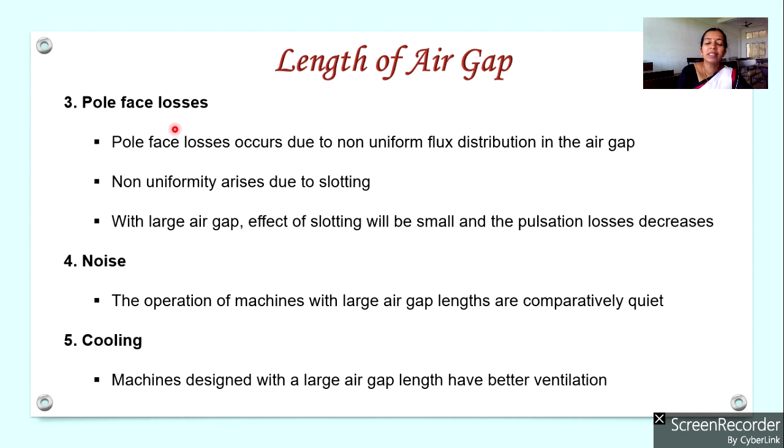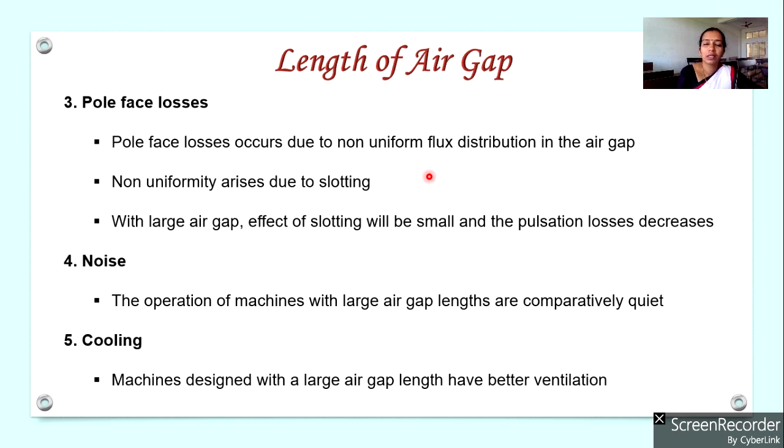The next one is the pole face losses. Pole face losses are the losses due to non-uniform flux distribution in the air gap. We know that in DC machines, the armature is slotted. Due to the presence of slots and teeth on the armature surface, the air gap is non-uniform.